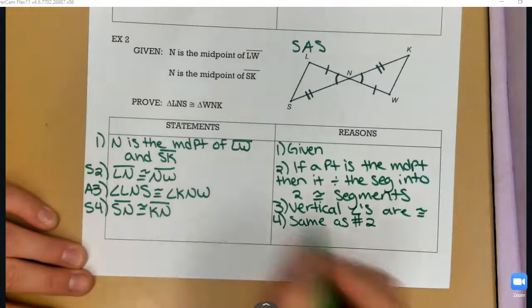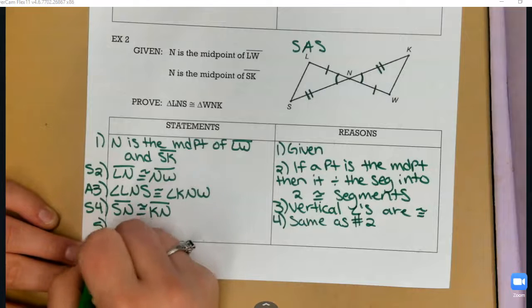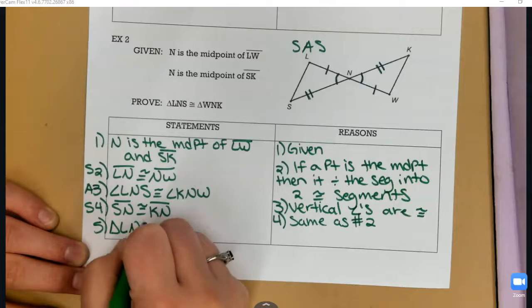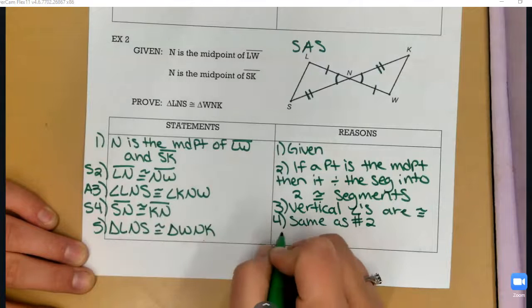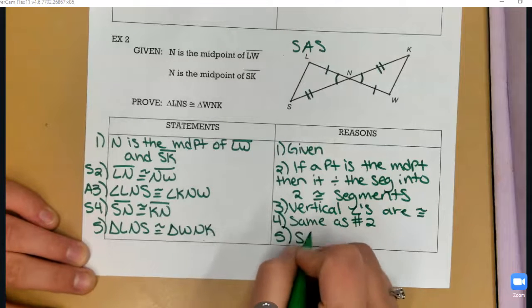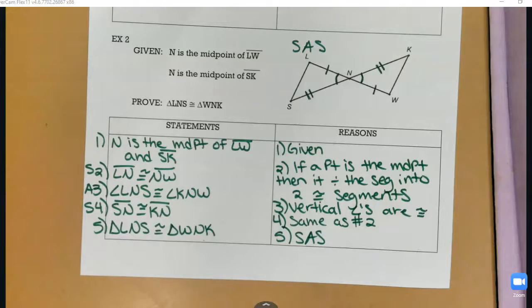So I've now shown SAS, which means I can make my final conclusion be that triangle LNS is congruent to triangle WNK because of side, angle, side.